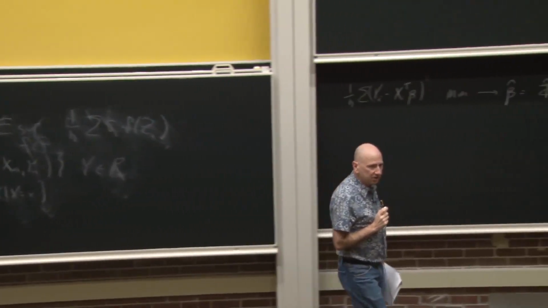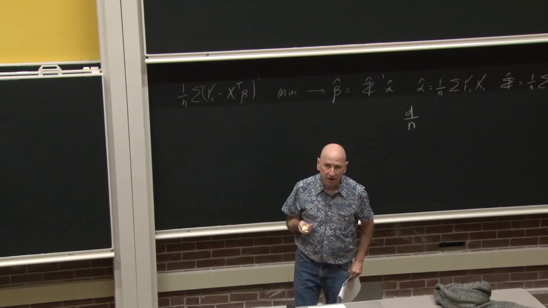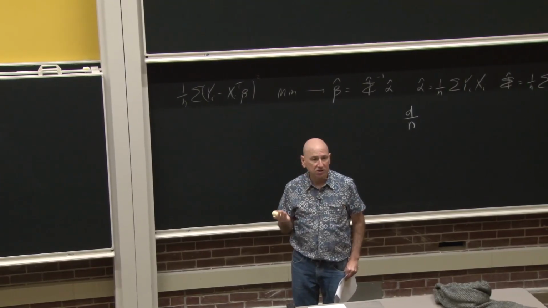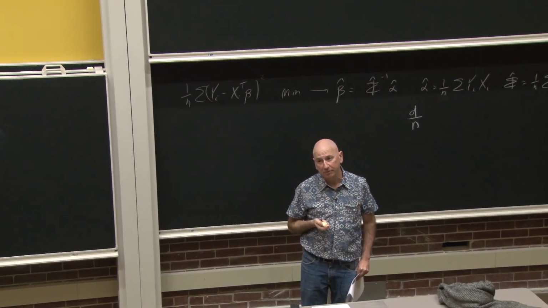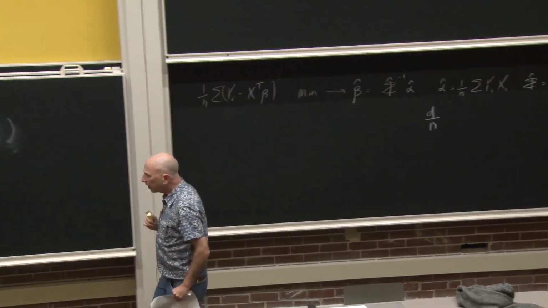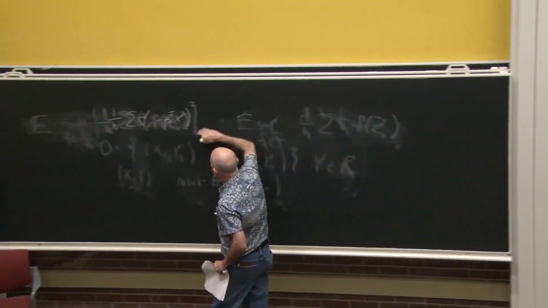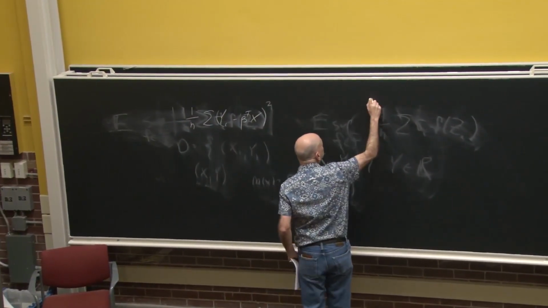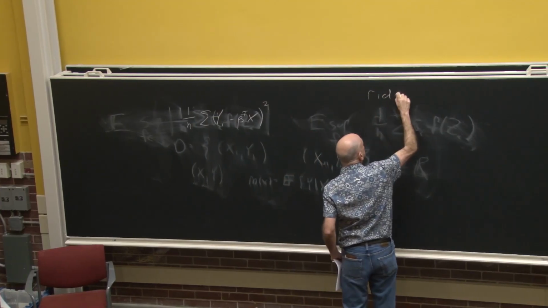But there's another way to think about it too. There's a bias-variance trade-off, and when the number of variables gets larger, the variance just keeps getting bigger and bigger.